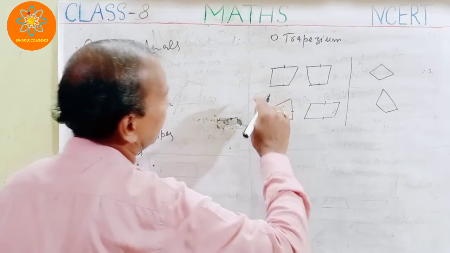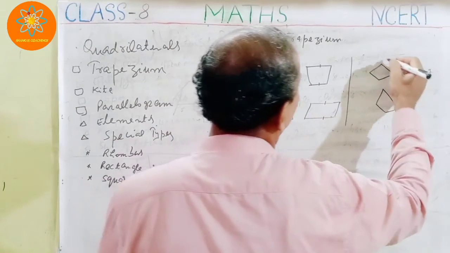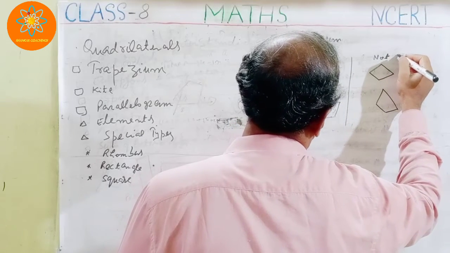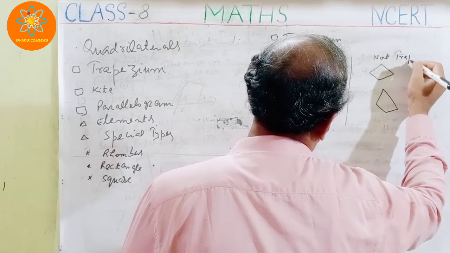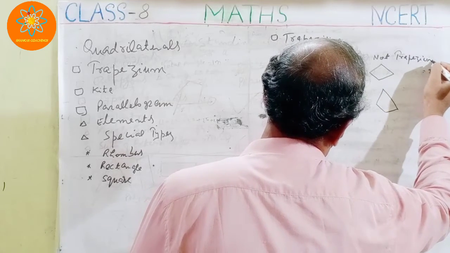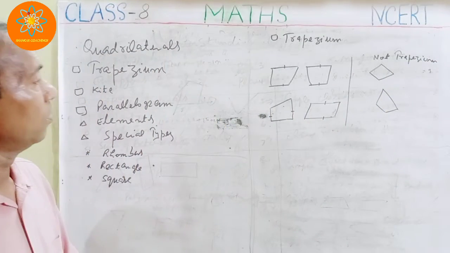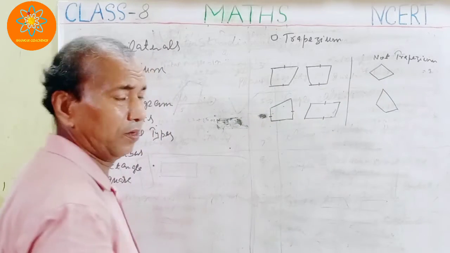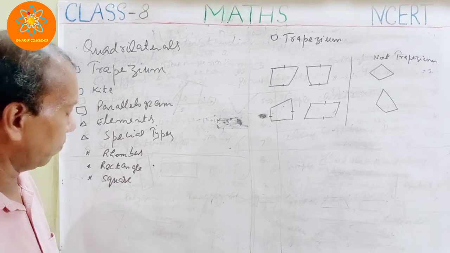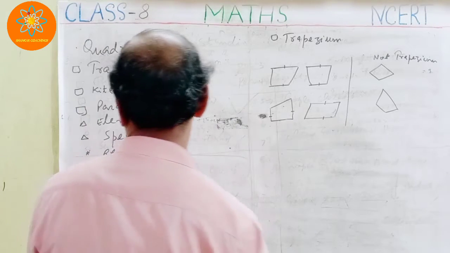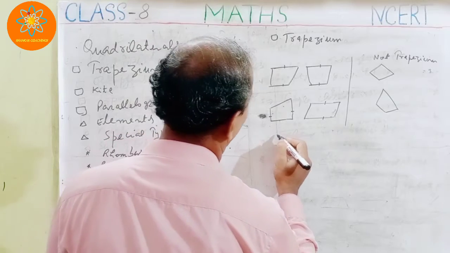So this is a trapezium, and this is not a trapezium. See, in this figure, no pair is parallel.